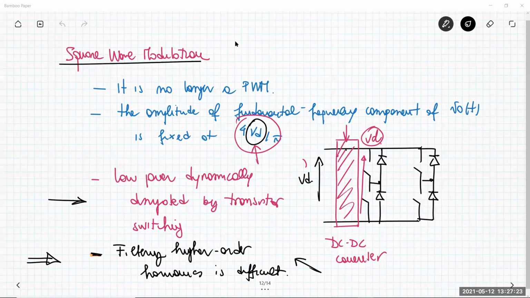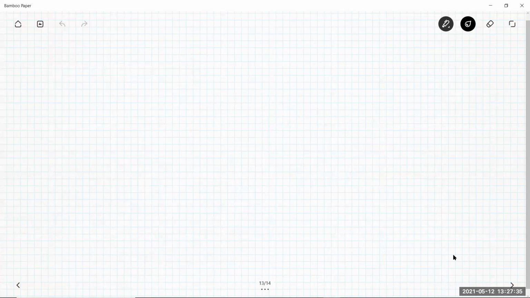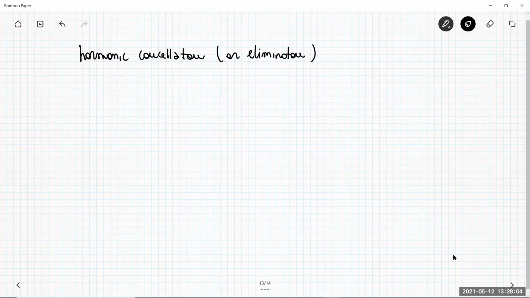Let me include this square wave modulation into a specific class of inverters. The square wave inverters can be regarded as a specific case of a much broader class of inverters, which is called the harmonic cancellation or elimination inverters.